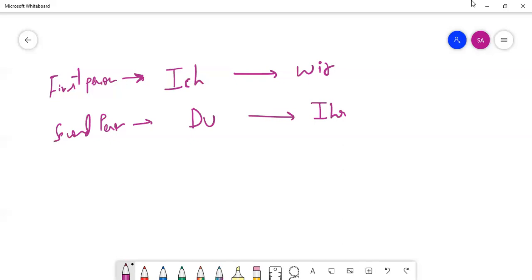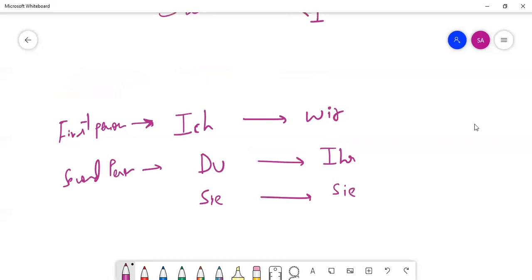Going ahead, because we are talking about du to a second person, that person could be a formal or an informal. So this du is an informal form, and the respective formal form will be Sie. And the plural of Sie will also be Sie. Let me here write singular and here plural.